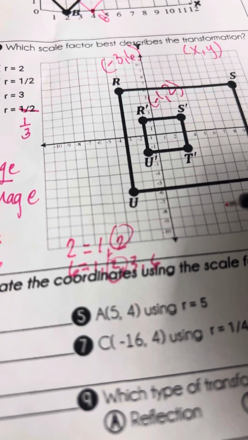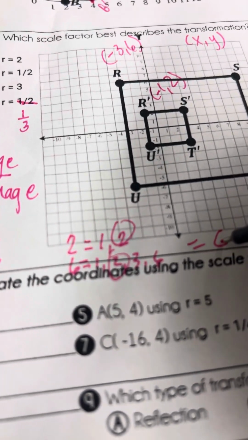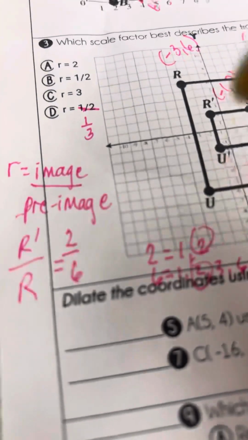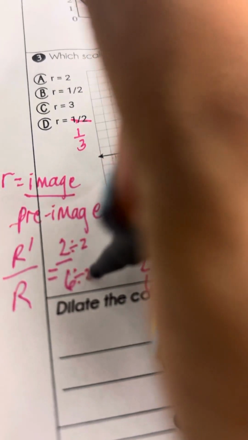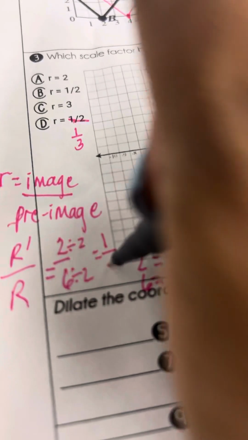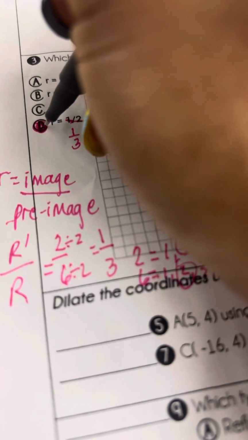Now I'm going to divide both the numerator and denominator by 2 to find the scale factor. 2 goes into itself once and into 6 3 times. So the answer is D, 1/3.